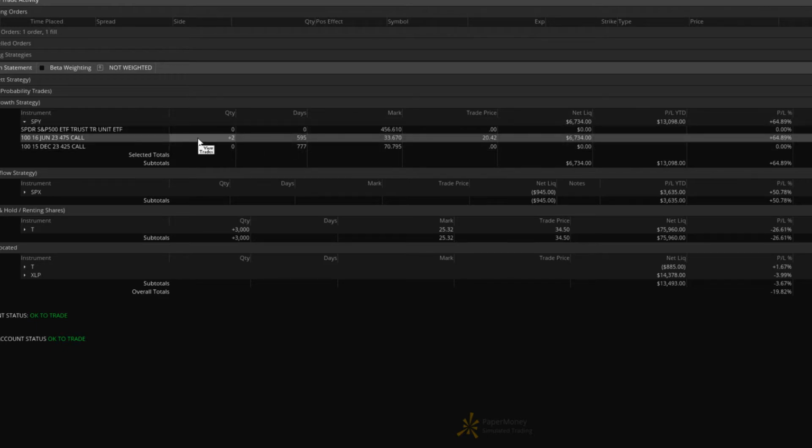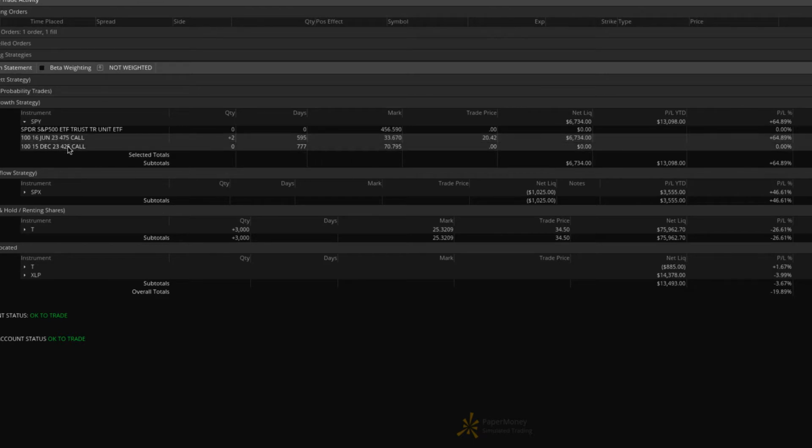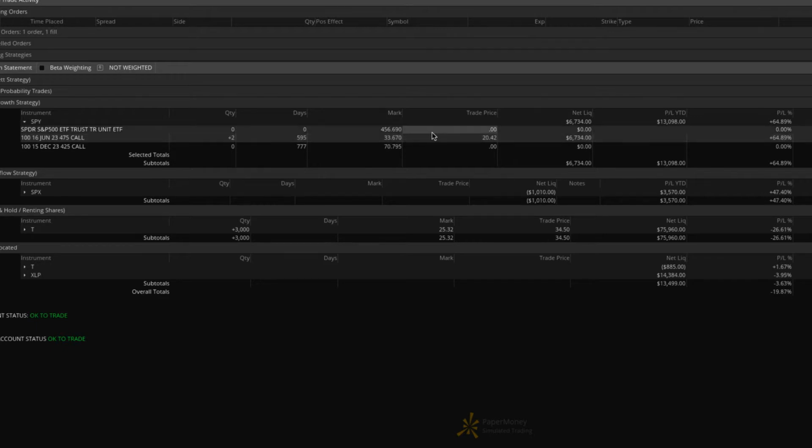Now the template is designed to go to the farthest dated December call option. The only reason I did it this way is to show you that if you can't find the price using the template because of your account size, then you would have to find one that meets your risk parameters, because we don't want to bust those risk parameters.